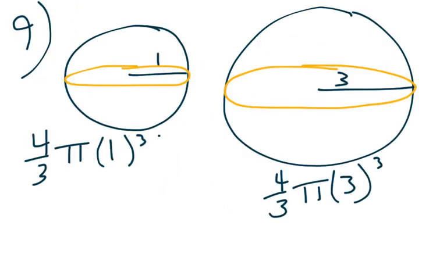Okay, in number 9 we have 2 spheres, and it asks, how many times larger is the second sphere if the radius of the first sphere is 1 and the radius of the second sphere is 3? So usually when we find the volume of a sphere, it is 4/3 times pi r cubed. So the formula doesn't change. The 4/3 doesn't change, the pi doesn't change. The only thing that changes is the radius.